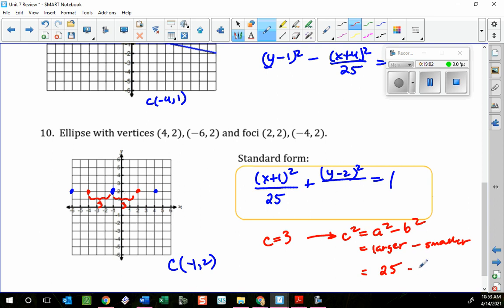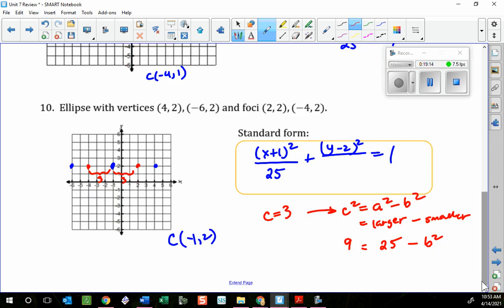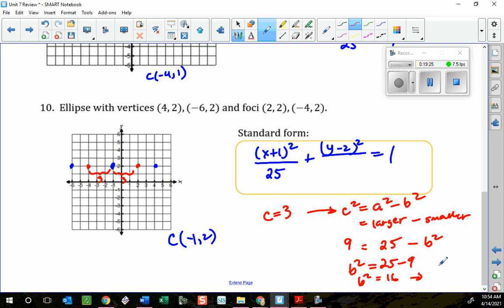I don't know the smaller number. And I know that the focal length is 3, so this must be 9, right? So if I work this out, I move the b squared over here, and I got 25 minus 9, so b squared is 16. So I'm going to put a 16 there, but b is 4 if you need to know that.